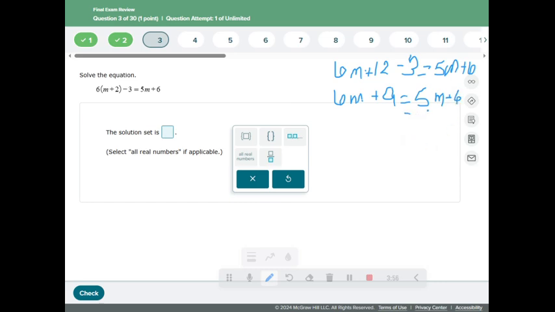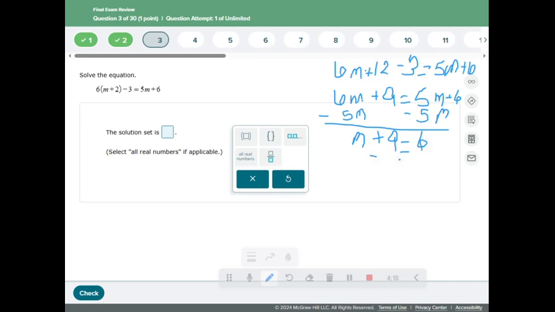So I'm going to move my variable terms first. That's going to leave me with m plus 9 equals 6.